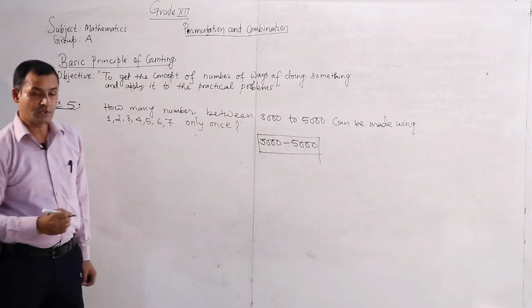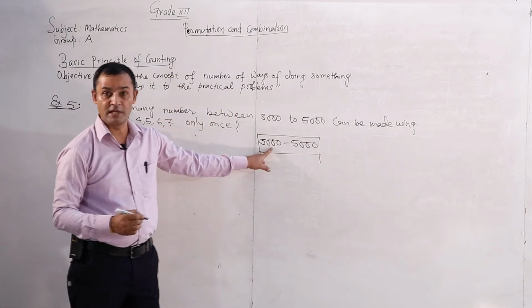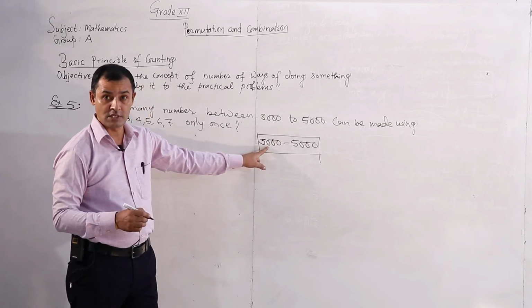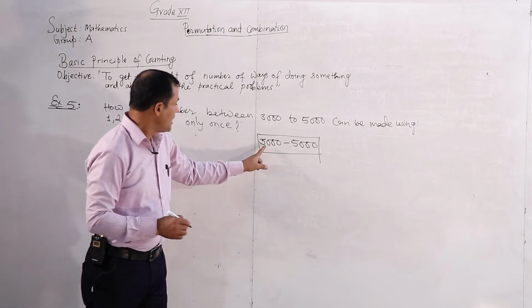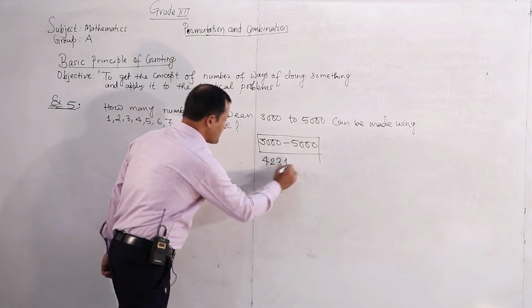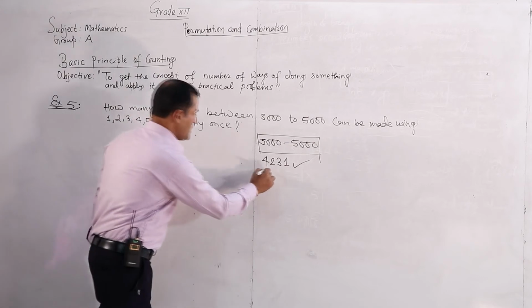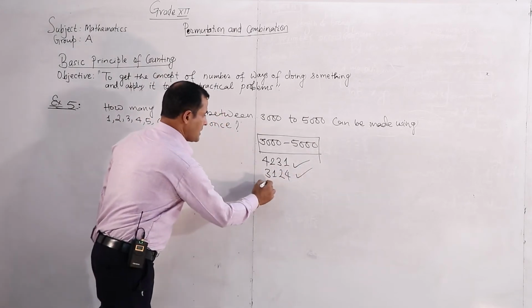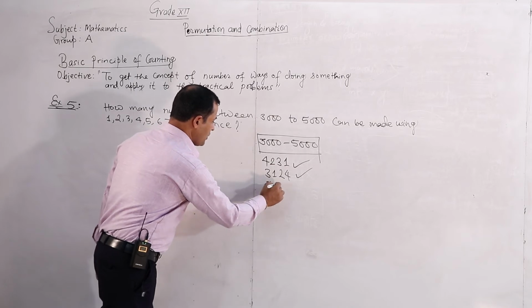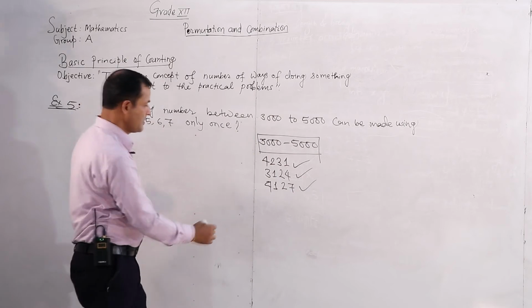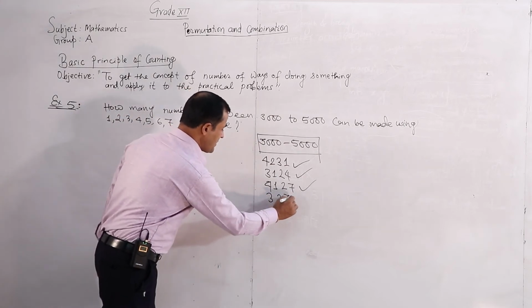So focus your mind on the thousands place again, because we have a restriction here in the thousands place. We can make numbers this way: 4, 2, 3, 1. Fine. 3, 1, 2, 4. 4, 1, 2, 7. 3, 2, 7, 1.